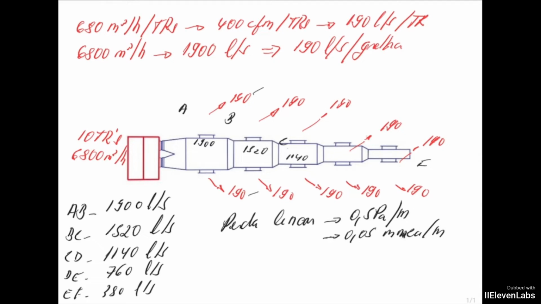And the speed, also a predominant factor in the noise level and the loss of charge in our installation, should never exceed 6 meters per second.